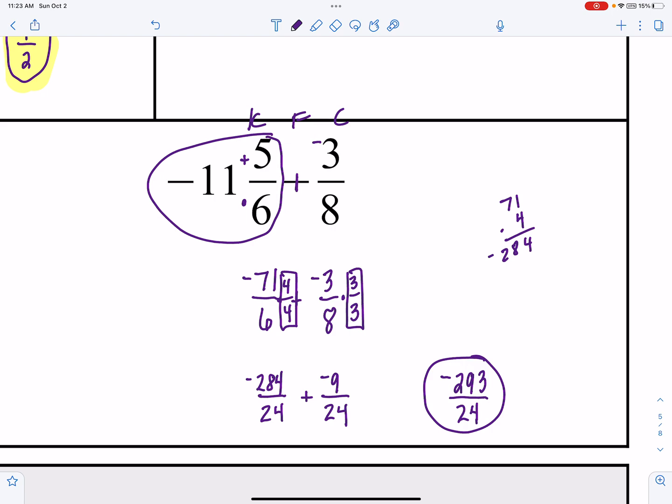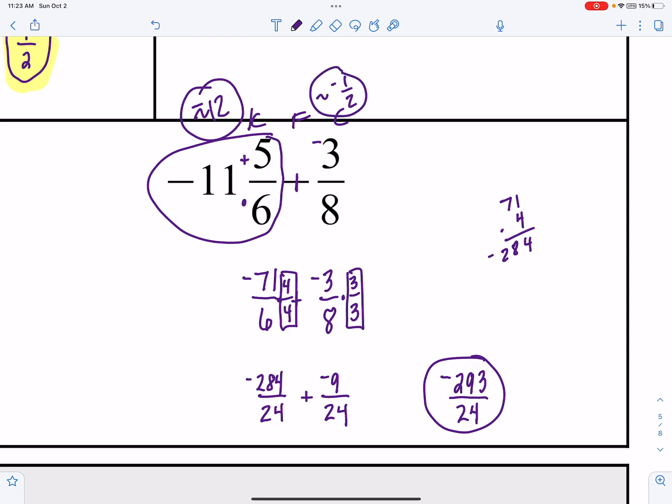Now, if we want to check for reasonableness, I can look at this as 5/6 being pretty close to 1, so we're at about negative 12. 3/8 is pretty close to 4/8, which is negative 1/2.